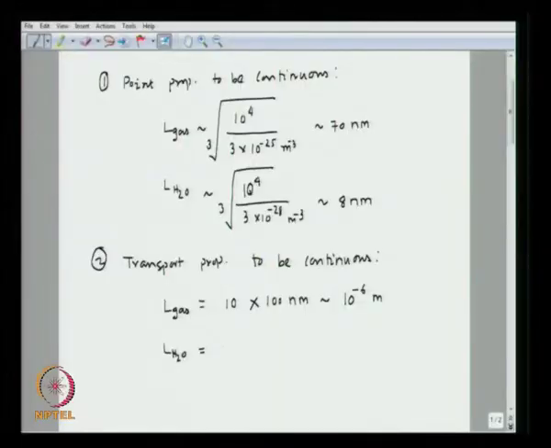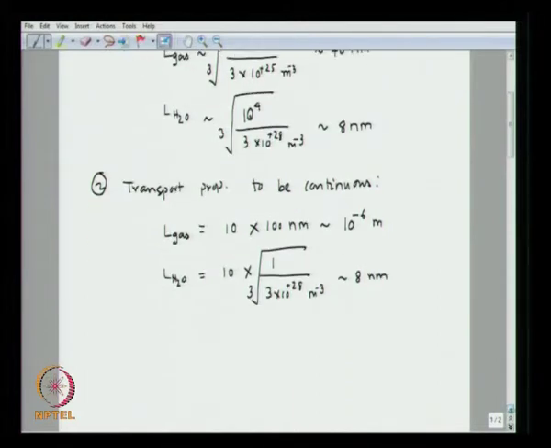So the same way we consider that it is 10 times the size of the molecule, which is the cube root of 1 over 3 into 10 to the power 28, sorry, this would be plus 28 not minus 28. So these are number of molecules, so these are all plus, cube root, which will be about 8 nanometer.